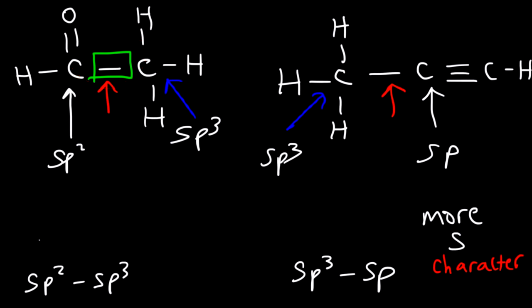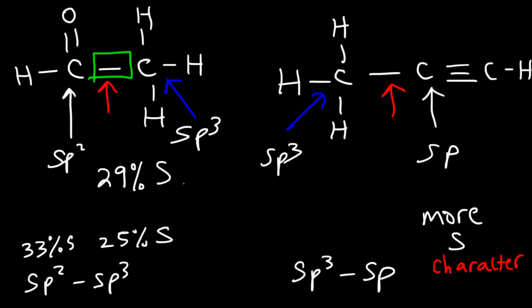Well, we know that sp2 is 33% s and sp3 is 25% s. So if we average 25 and 33, we would get 29% s if you want to quantify it or approximate it.